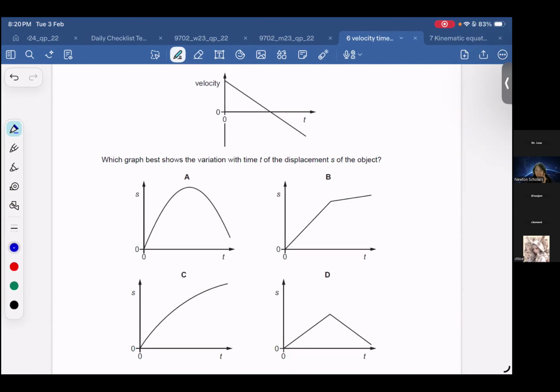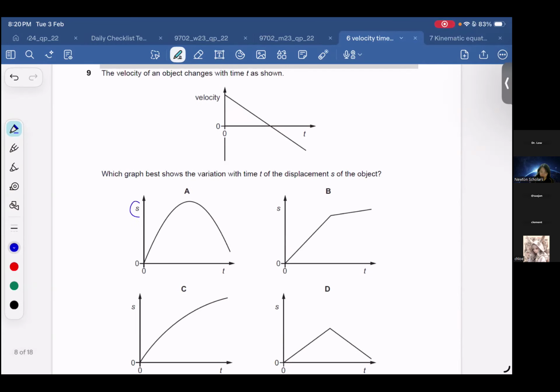Clement, yes. Dear, displacement. Here, how do you relate the displacement-time graph and velocity? The gradient of the s-t graph represents your velocity, right?